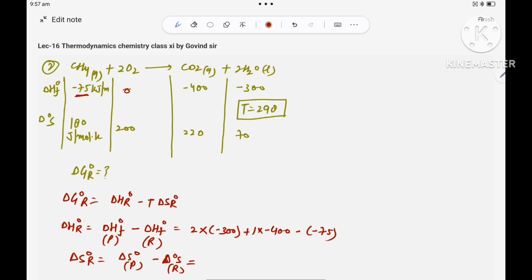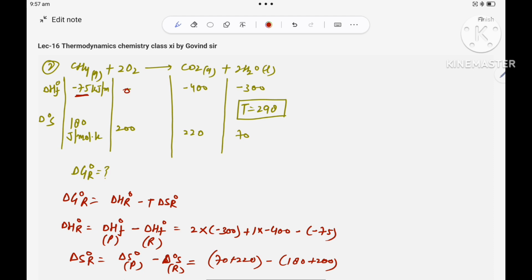So similarly, product 70, it will be 70 plus 220, minus 180 plus 200, reactant and product.